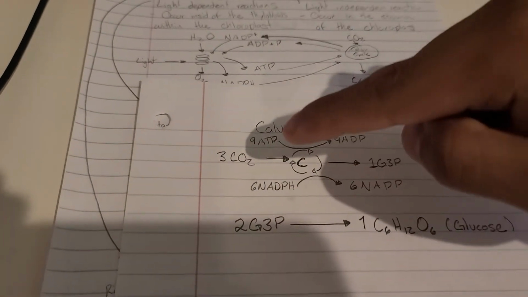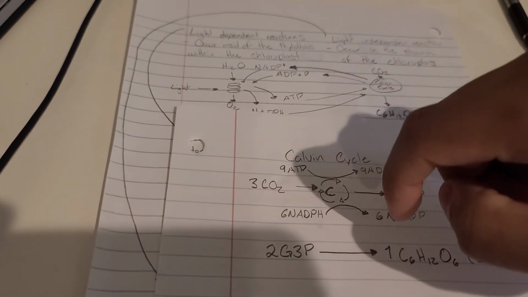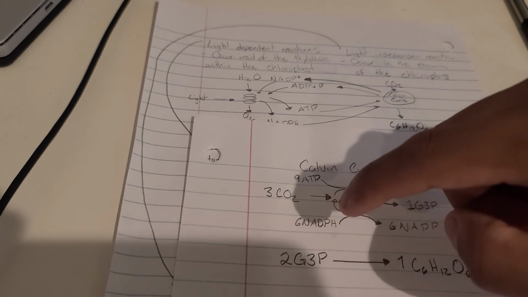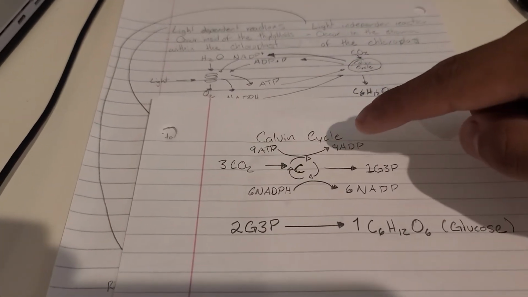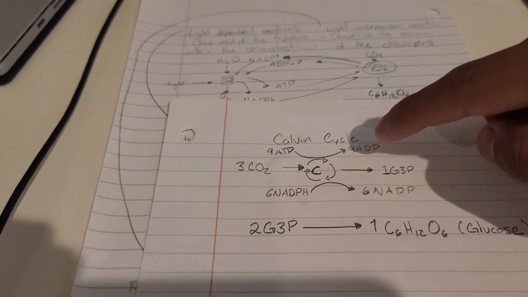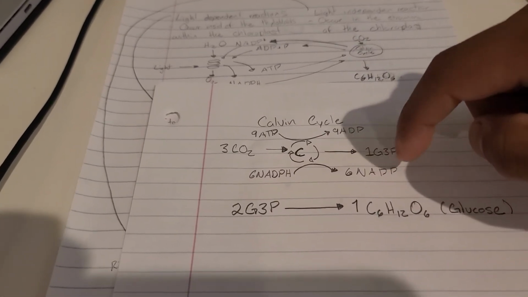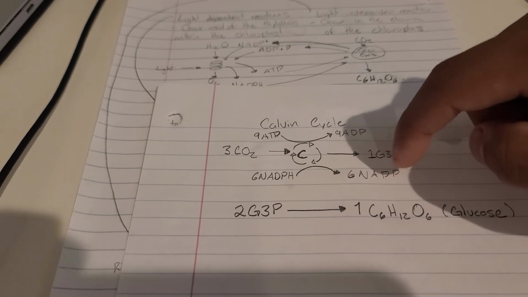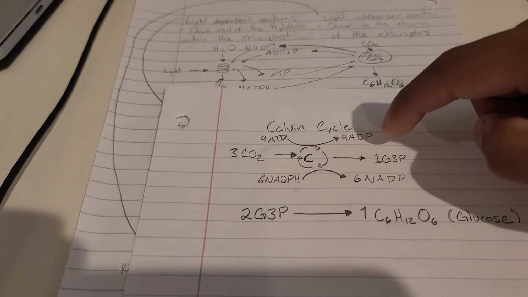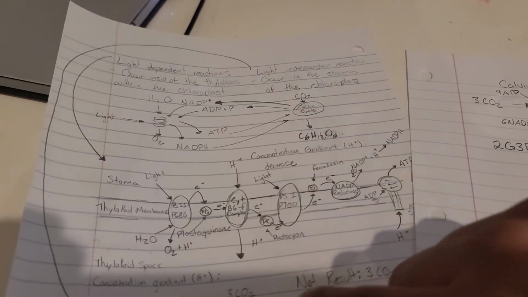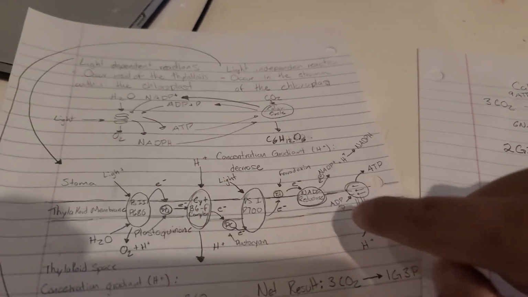Overall, in the Calvin cycle, 9 ATPs and 6 NADPHs react with 3 CO2s to create 9 ADPs, 1 G3P, and 6 NADP plus, and these ADP and NADP plus will be used again in the light dependent reactions here and here.